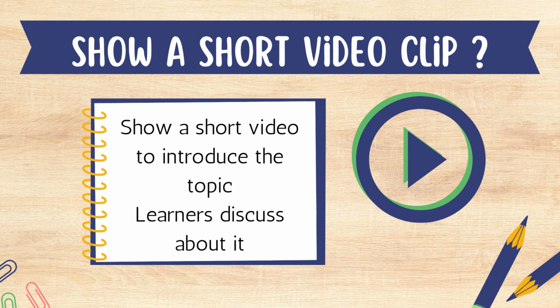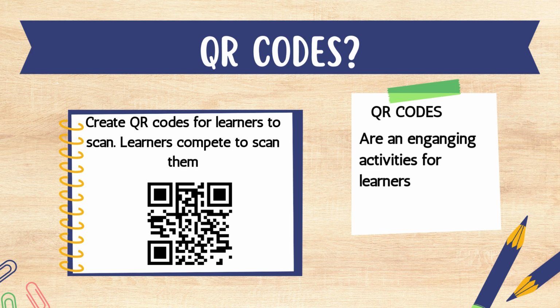It depends on the topic that you're learning at that particular time. The short clip normally keeps the learners engaged and interested and curious about the lesson. So show a short video to introduce the topic. The learners discuss it. Then after they have watched the video, the learners can work in pairs to try and identify the different points from the video.